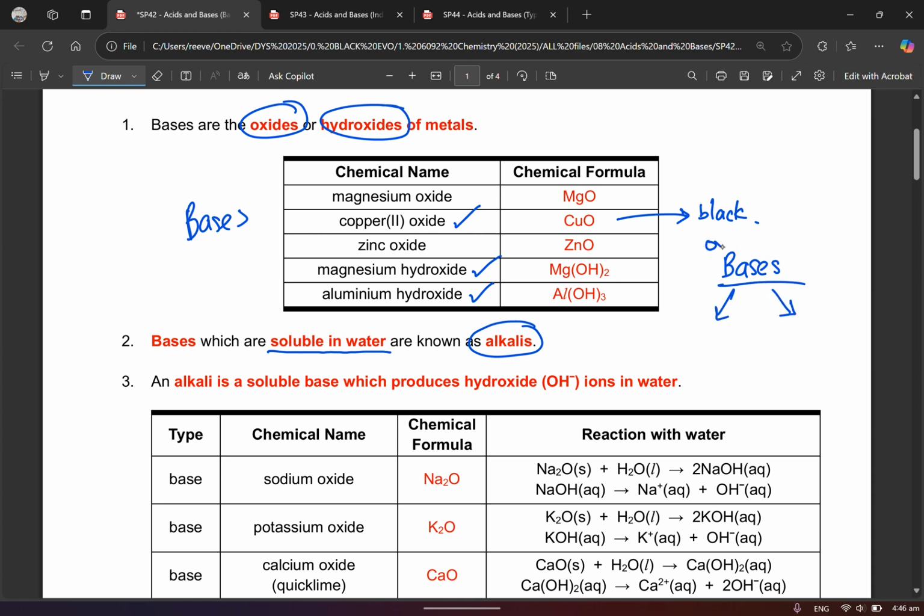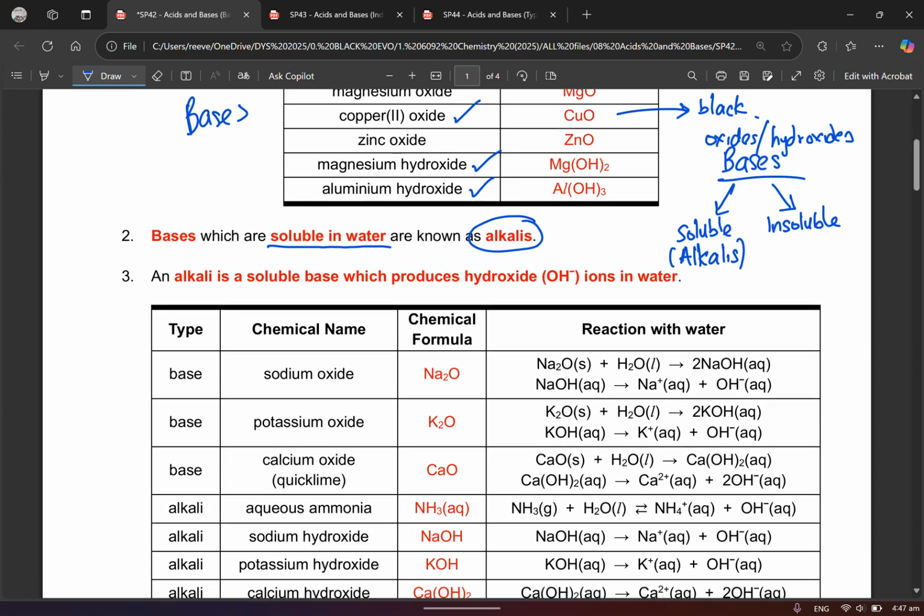Bases are basically oxides or hydroxides. The next question is whether they are soluble or insoluble in water. The ones that are soluble in water, we call them alkalis. So alkalis are also bases, just that they are soluble in water.